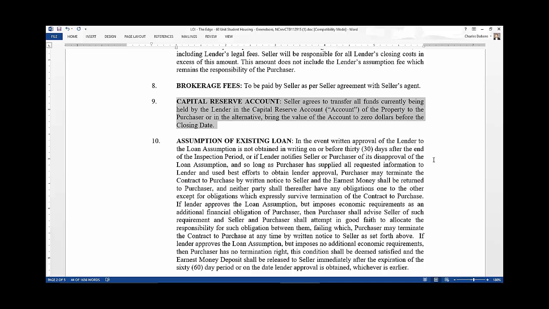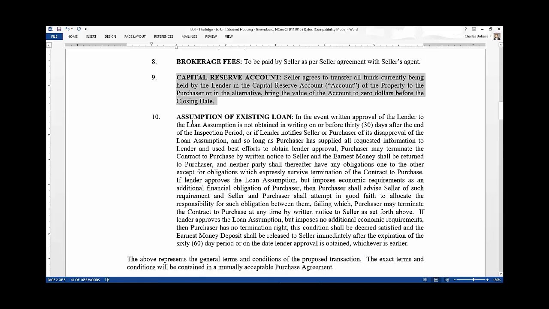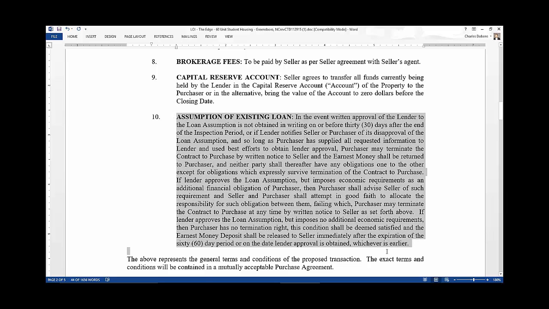You don't like it, we'll walk. Tough luck. Find some other schmuck. But this is the way we're going to do it. Okay? So that's one of the things we put into the LOI for an assumption. Always put that in there, folks. Just don't get caught. And listen, if I ever hear one of my students say, oh, but what happens if the seller doesn't like that?